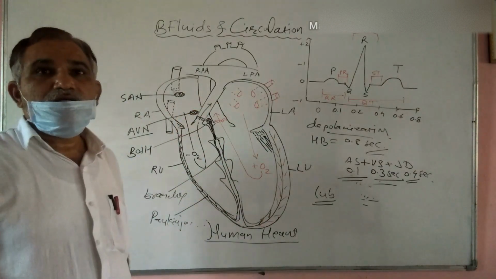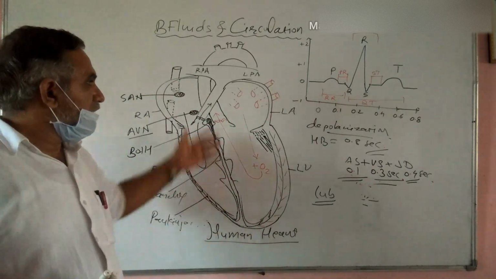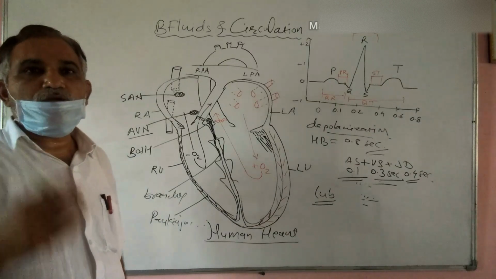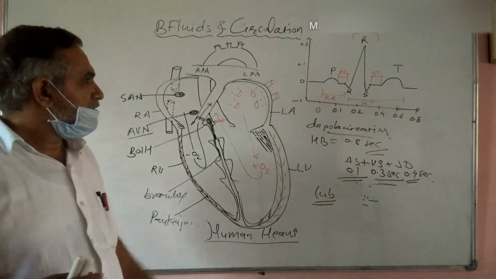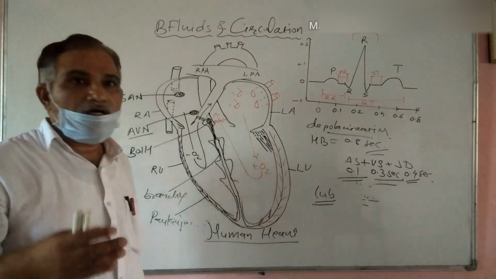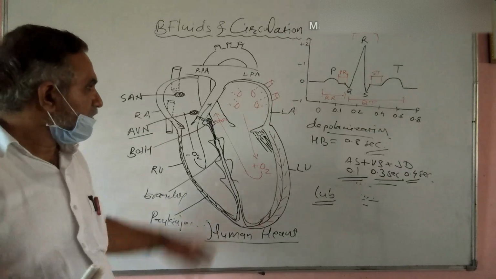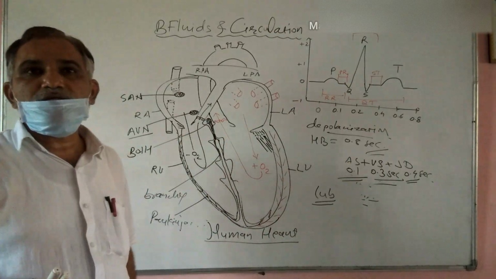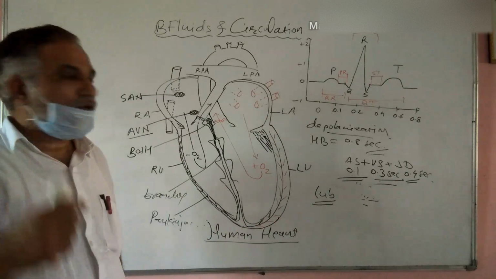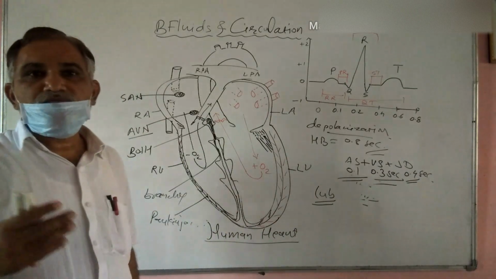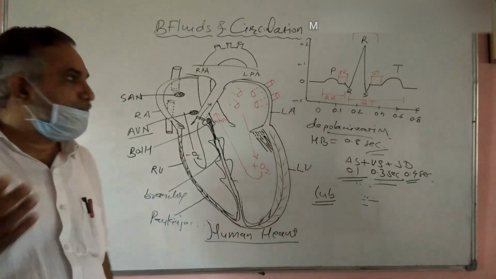Then again the disorders related to the heart, then the role of the sympathetic component and parasympathetic component in the regulation of cardiac activity. Among the disorders, there is hypertension versus hypotension. Then again the coronary artery diseases, specifically atherosclerosis, then the chest pain, that is angina pectoris, and again heart failure.